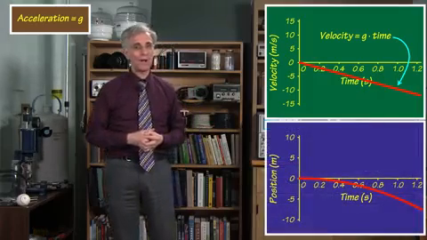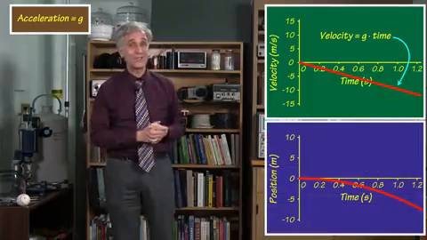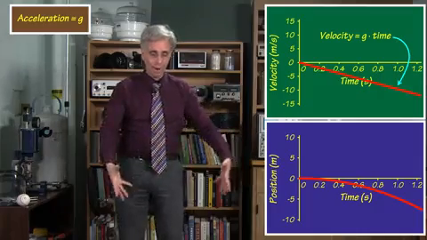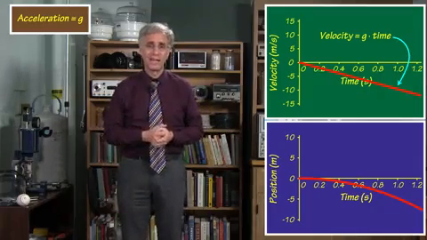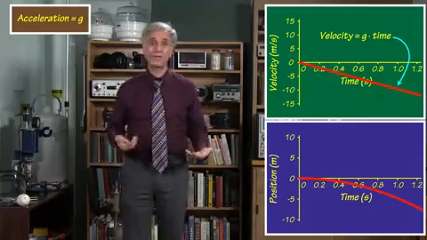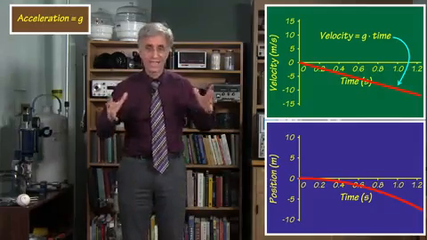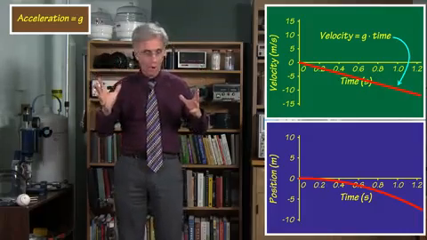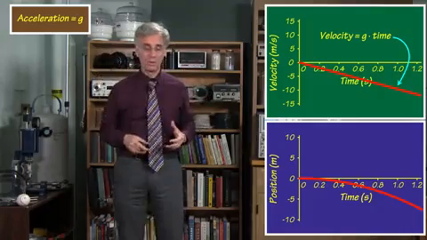The falling ball dropped from rest's position is more complicated, because to determine how far the ball has moved from where we started, we have to know its average velocity over the time we're considering, from the drop moment to now.